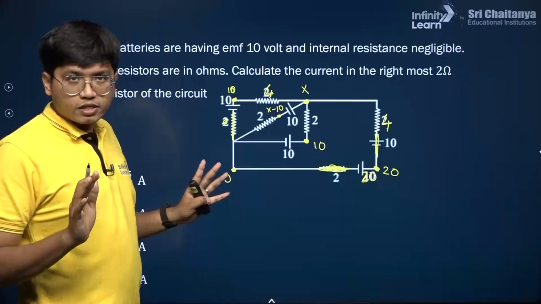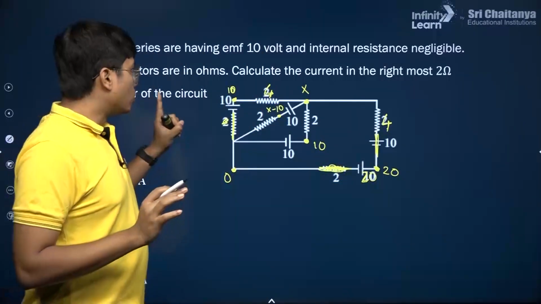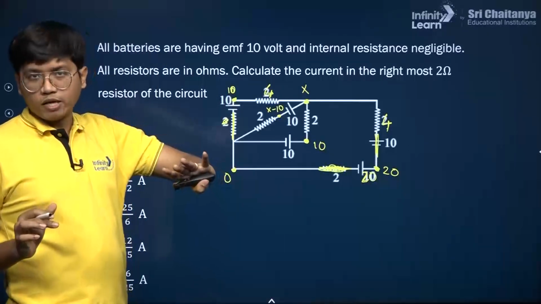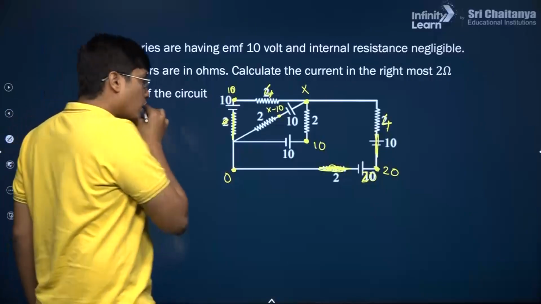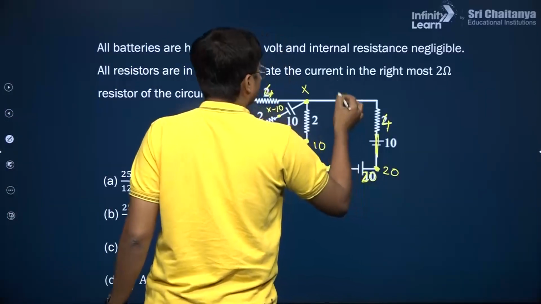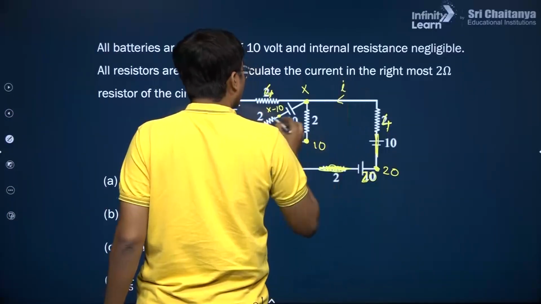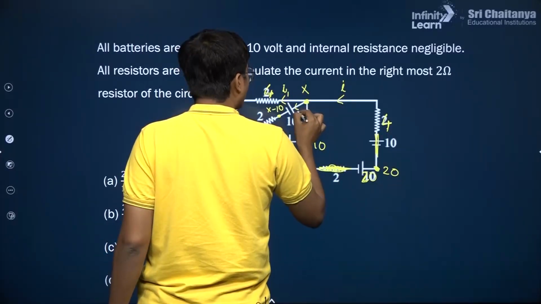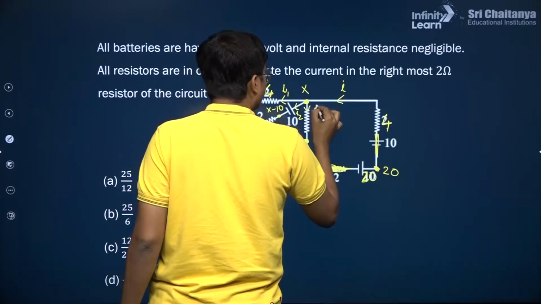Now we have broken things down. What do we know? By Kirchhoff's junction rule, which is easier to deal with, here the current comes in. Let's assume this is I, and it breaks up into I1, I2 and I3.